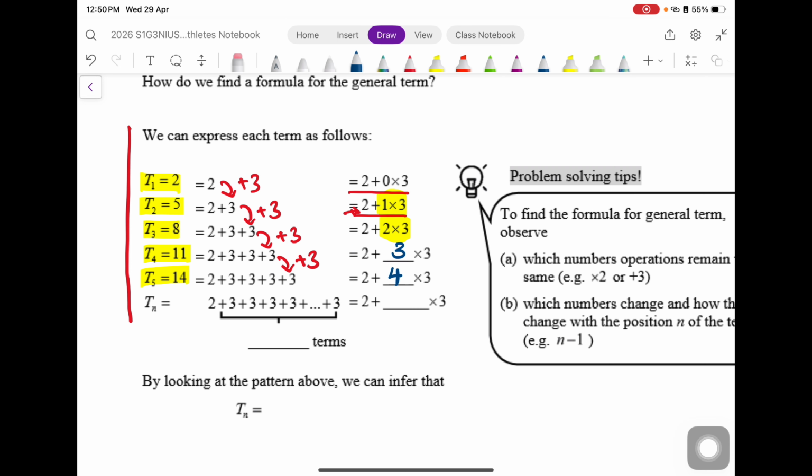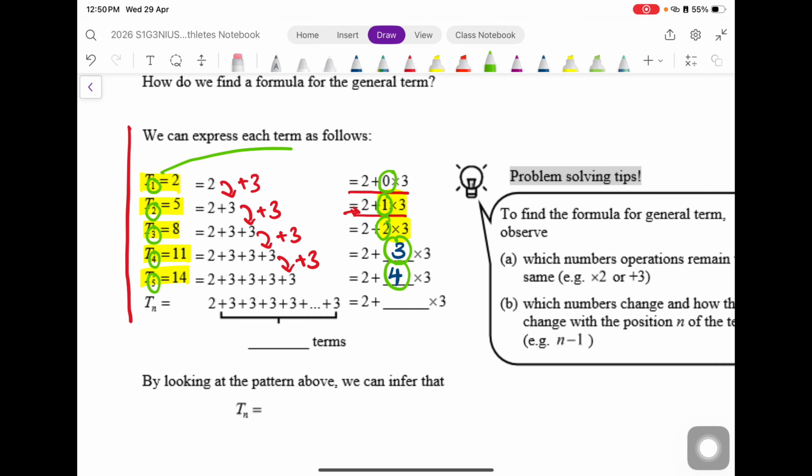So I want you to draw a pattern between the term number as well as how many 3's I've added. Here I have 2, this is my second term, term 2, but I have 1 three. Third term, term 3, I have 2 threes. Term 4, 3, term 5, 4. So what can we notice?